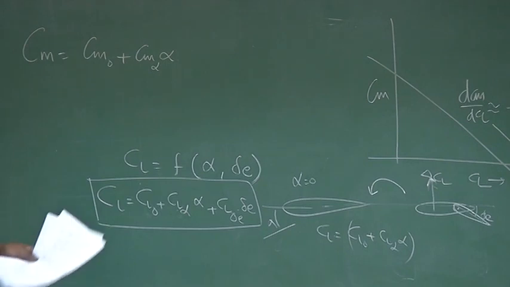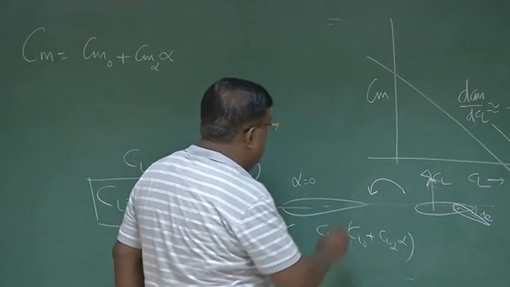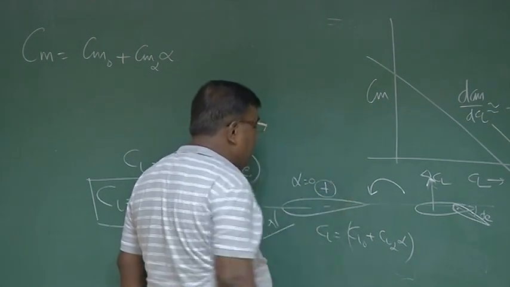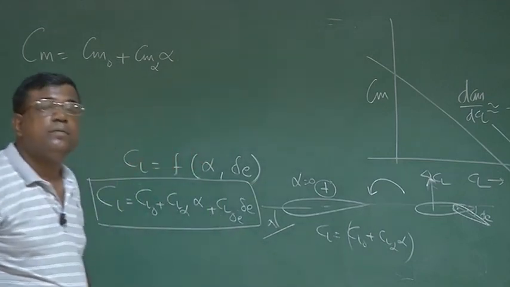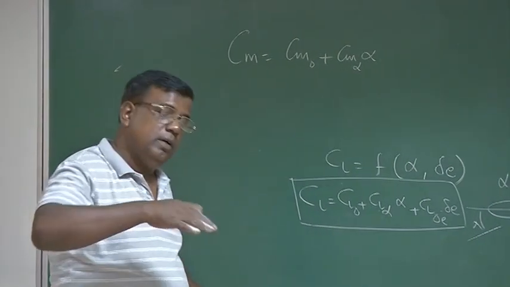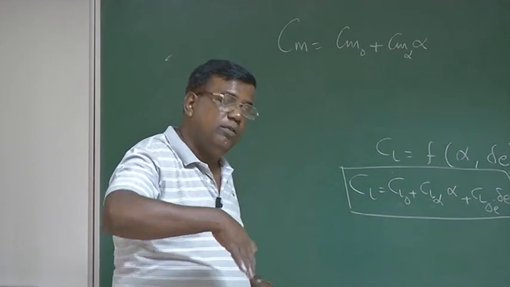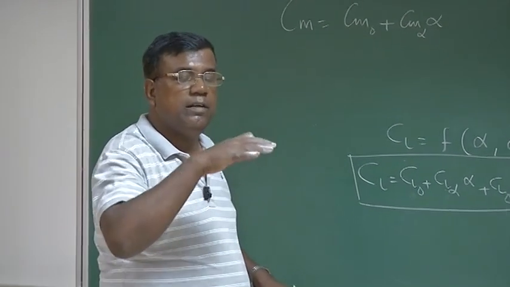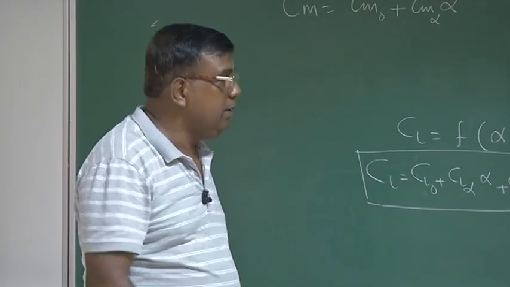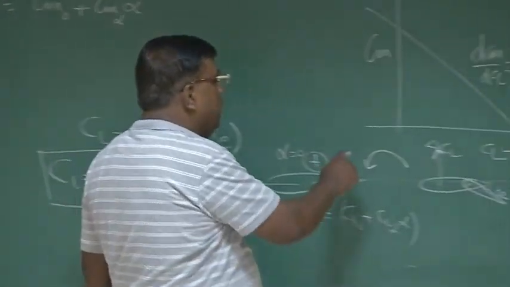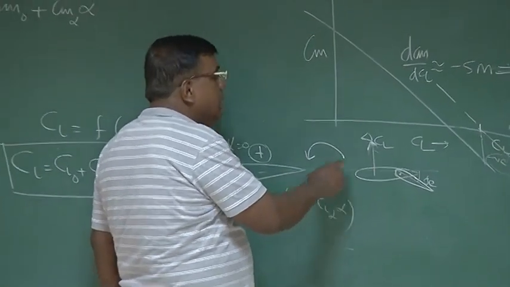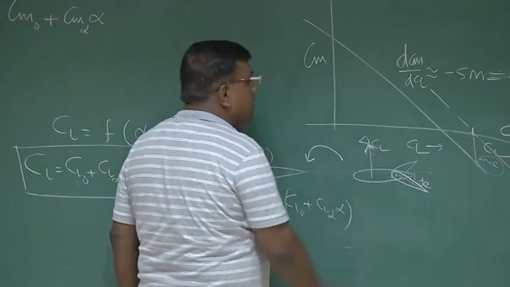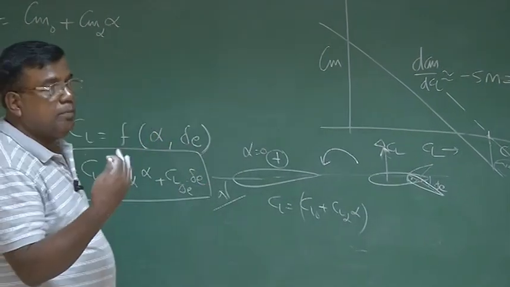Not only will it change the CL, but this force will create moment about the center of gravity, so it will also give pitching moment. If the elevator is up, then it will give a pitch up moment. Elevator down, it will give pitch down moment. Okay? In this case, it will give pitch down or nose down moment. If it was up like this, it will give pitch up or nose up moment.